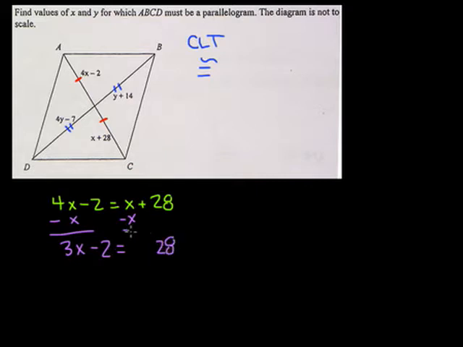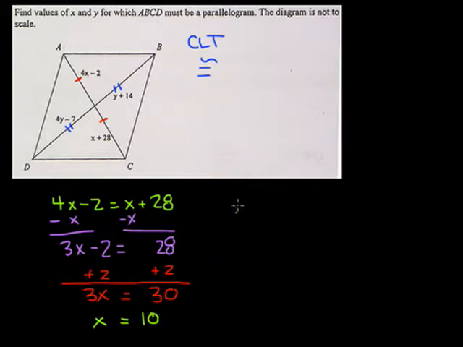Now let's go ahead and add 2 to both sides. So if I add 2 here and I add 2 here, I end up with 30 on this side and 3x on this side. And if you divide both sides by 3, you get x equals 10.